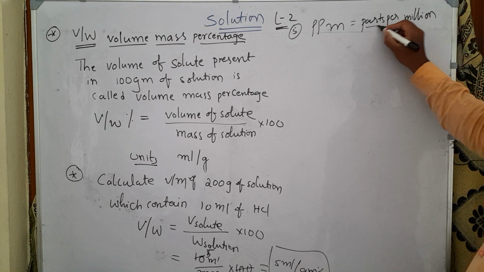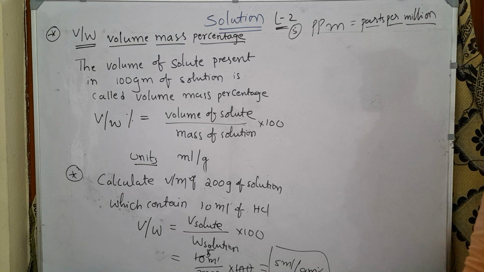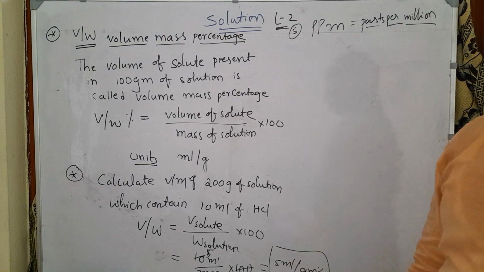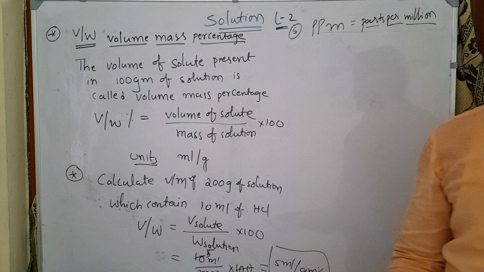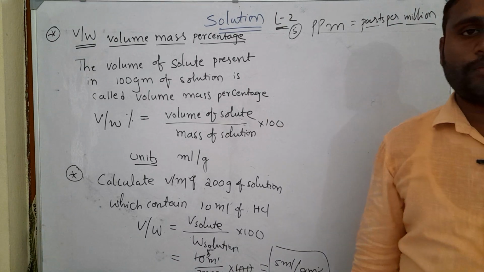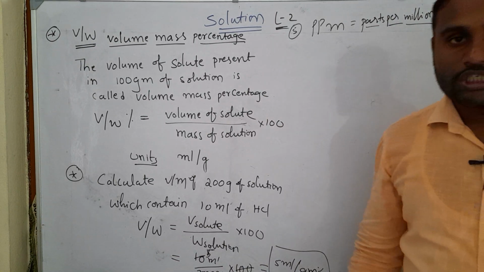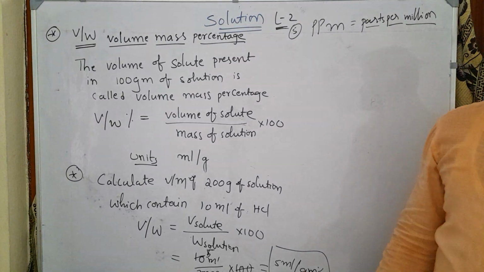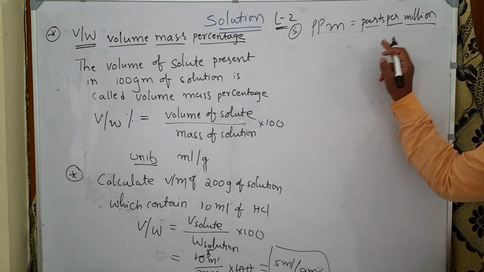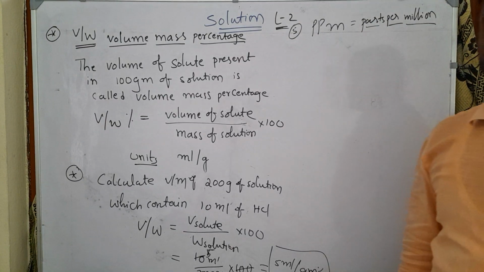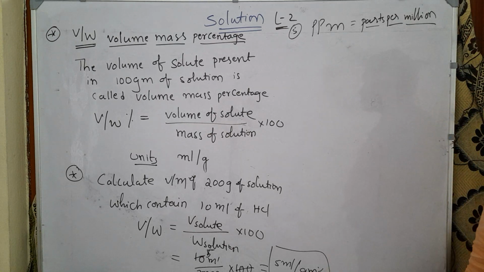We use this type of unit when we have trace quantities of solute, for example CO2 present in the air, where we know 0.03% of CO2 is present. That's why we use ppm, parts per million. It is a convenient method to express such concentrations.